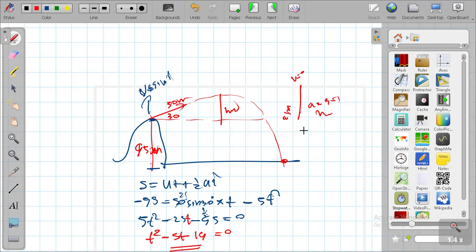Height you don't know. V square equals u square plus 2as. 0 equals 25 square minus 2 times 10 times h. H will be 625 divided by 2 times 10. 625 divided by 20 is 31.25 meters. Maximum height. Very simple to find.